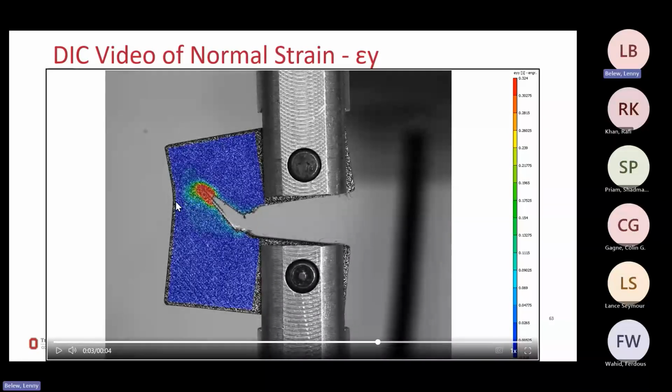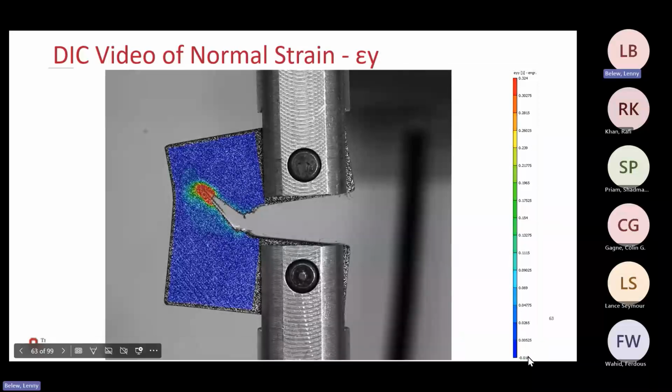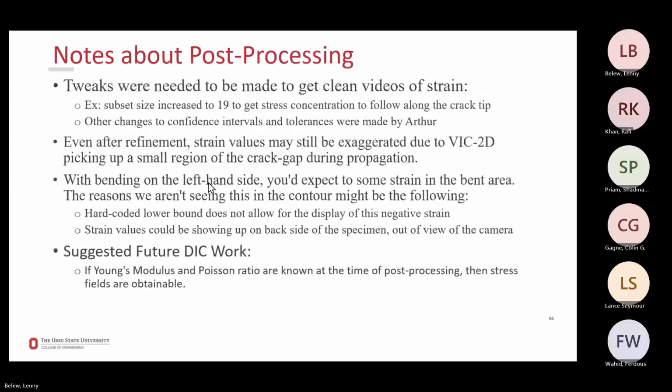And some of the reasons we think we don't see it is either one, this hard-coded lower bound, this strain being negative might be above this threshold, so it just doesn't show up any differently.